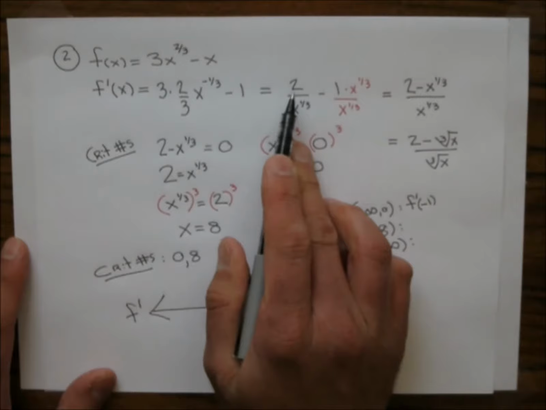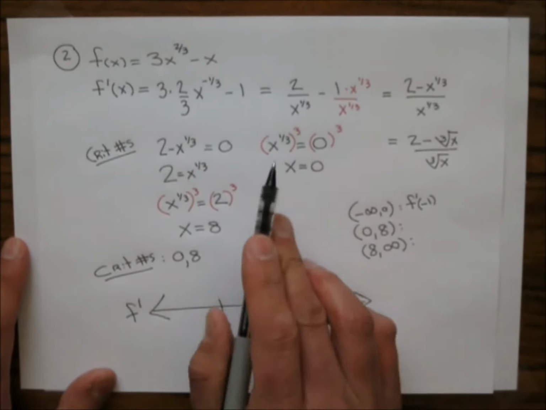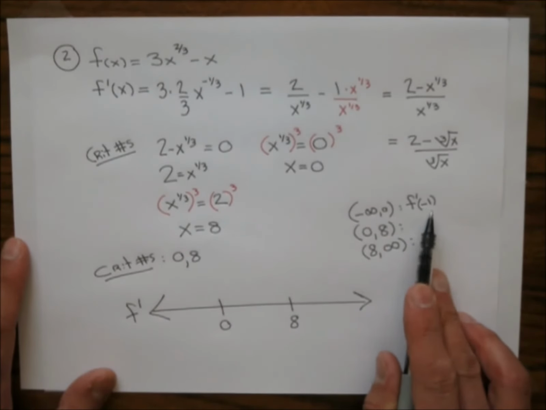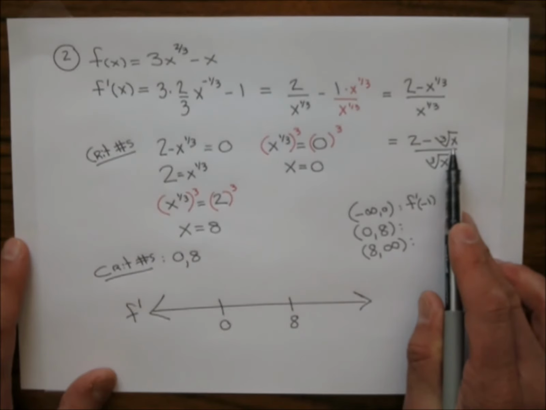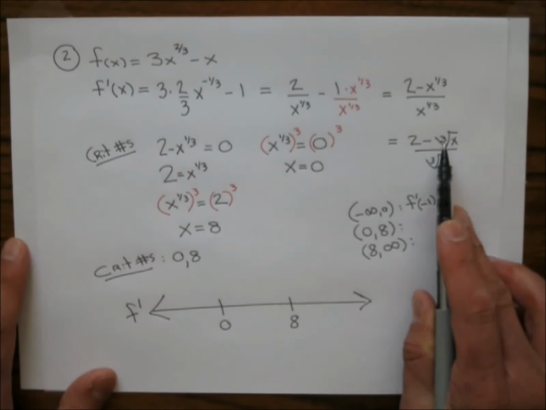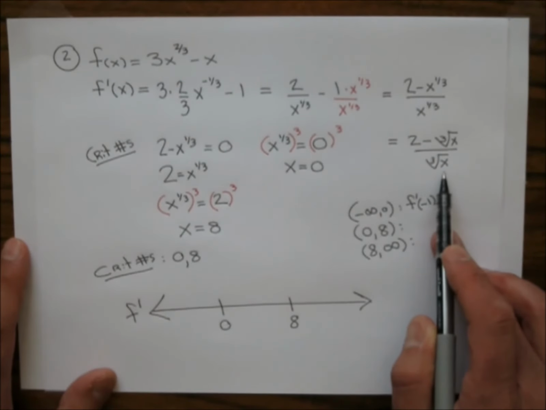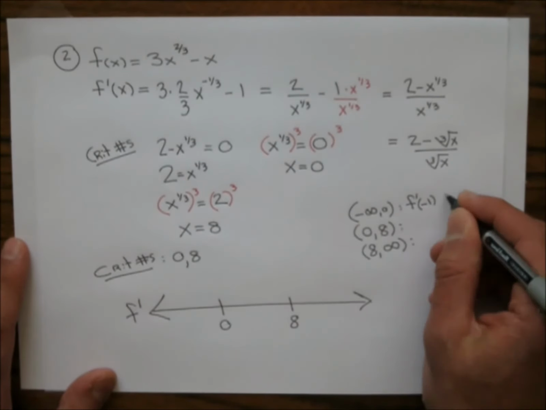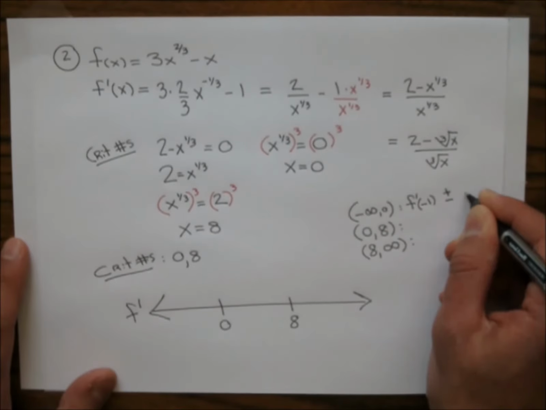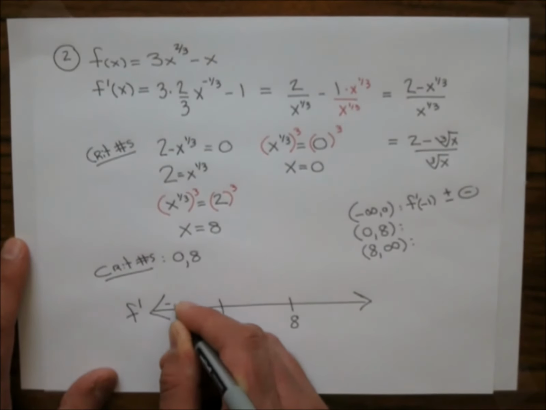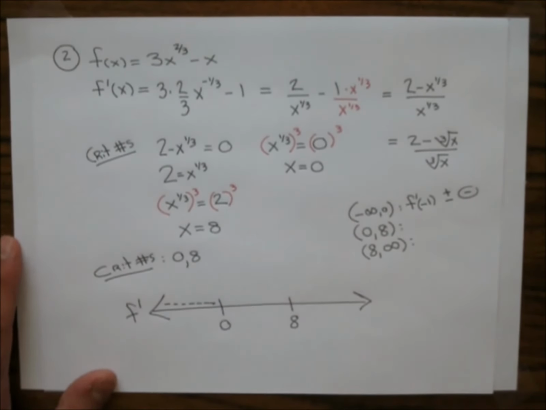You can use this one, 2 over the cube root of x minus 1, but in any case, if I put negative 1 in there, the cube root of negative 1 is negative 1, 2 minus a negative 1, so I get a positive on the top and a negative on the bottom, which gives me a negative. So all these guys right here are negative.